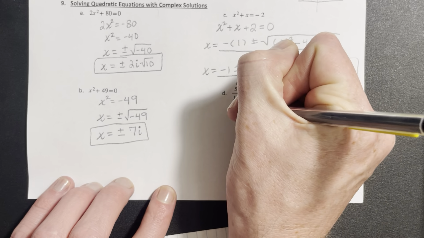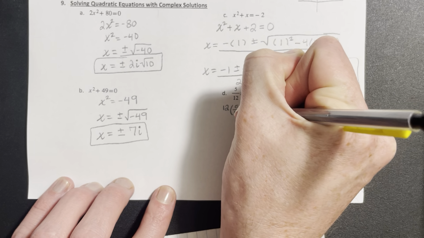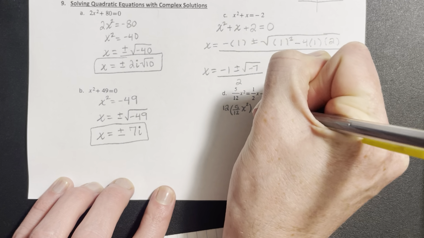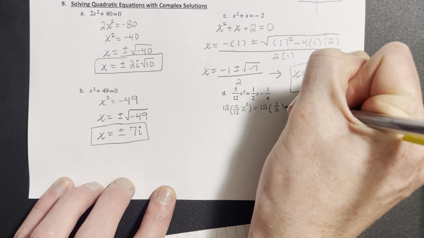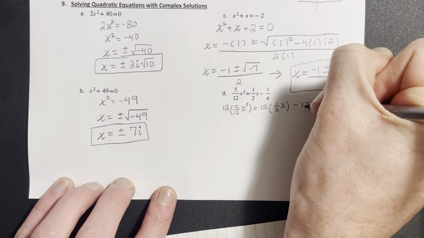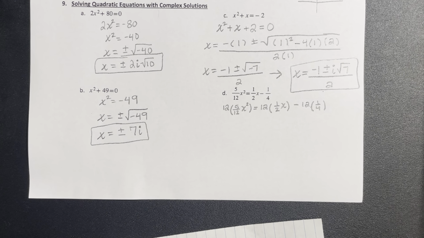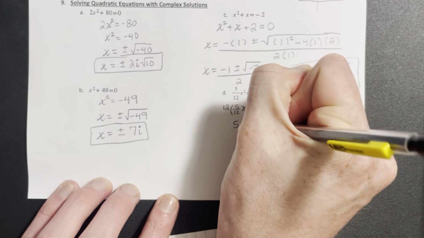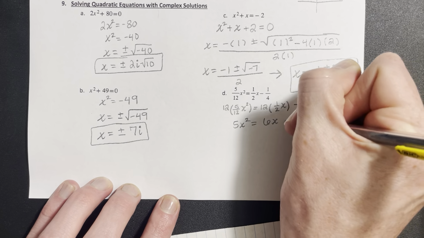So I'm going to do 12 times 5/12 x squared equals 12 times 1/2 x minus 12 times 1/4. Everything is being multiplied by 12. That will leave me with 5x squared equals 6x minus 3.